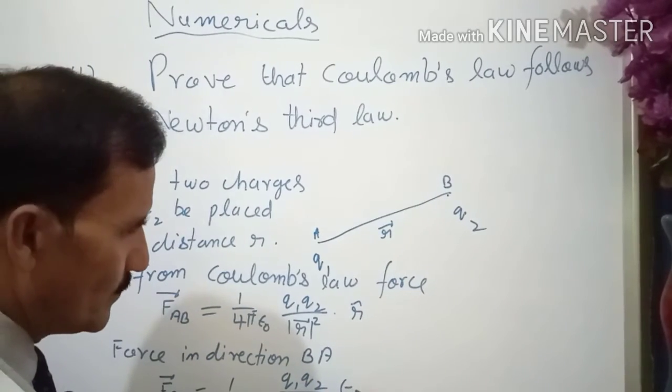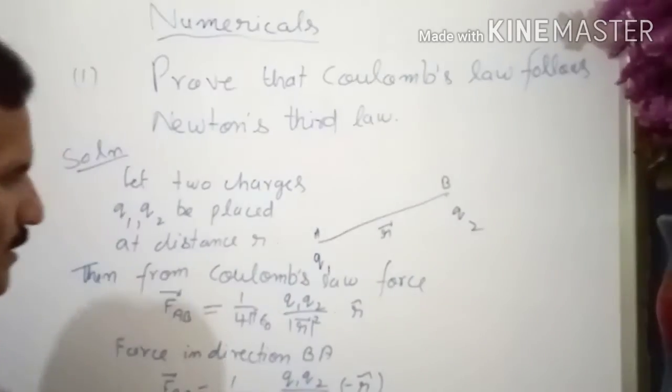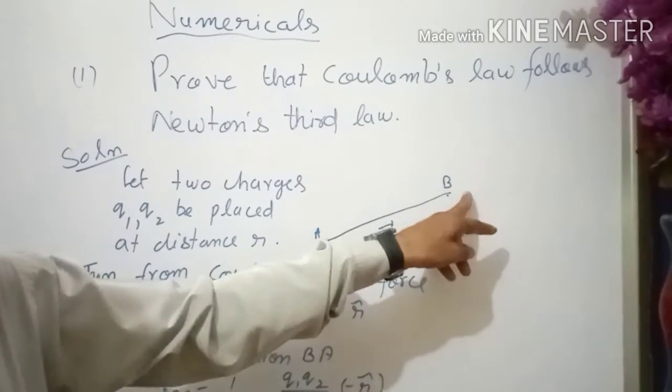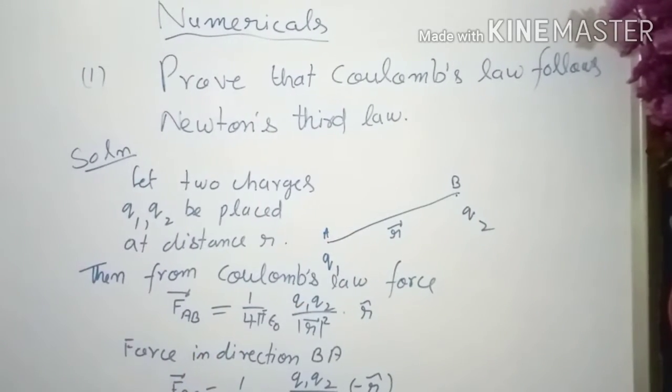But here you will have minus r cap. Why? Because r cap has direction AB, and here we are considering BA.